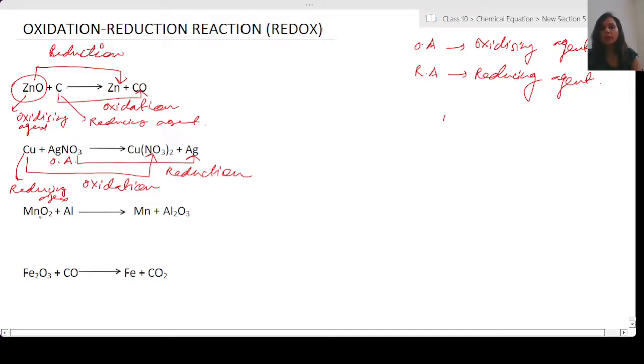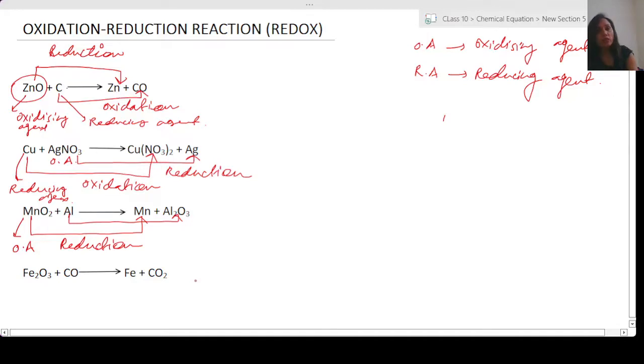Now MnO2, if you see MnO2, it is changing to Mn in the product. So Mn is losing its O ultimately. So if there is a loss of oxygen, then that is a reduction reaction. Okay, and MnO2 is an oxidizing agent. Al is gaining O. Al is changing to Al2O3.